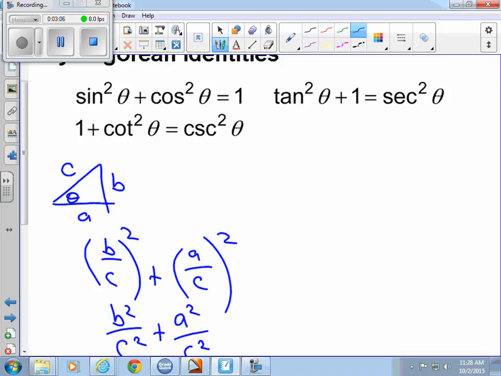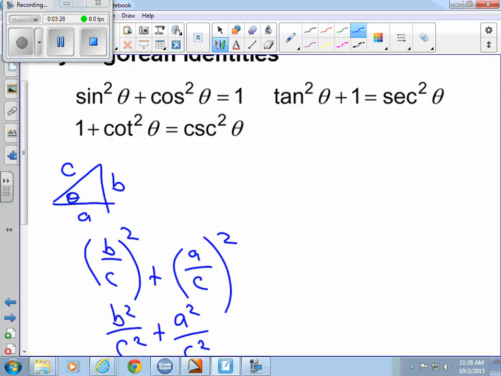And what would 1 over sine squared be? Cosecant squared, like this. So it's just what you would get if you divided everything by sine squared. If you divided everything by cosine squared, you get that one over there. So these really all come from the same thing. That's why it's called the Pythagorean identities.